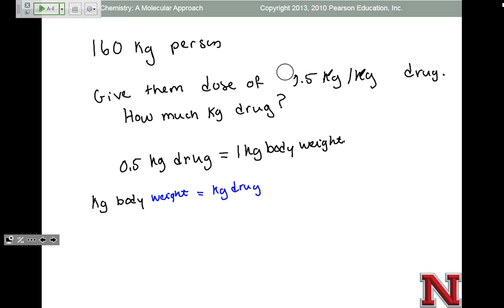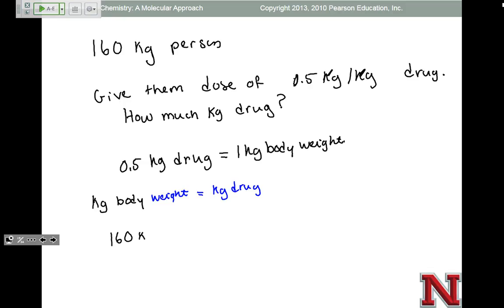And that's usually how it's given. It's not given in kilograms body weight per kilograms drug. It's kilogram per kilogram, and you're to understand it's kilogram drug per kilogram body weight. So that's something that's typical. You won't typically see it like this, which is why I want you to understand that these two things aren't the same.